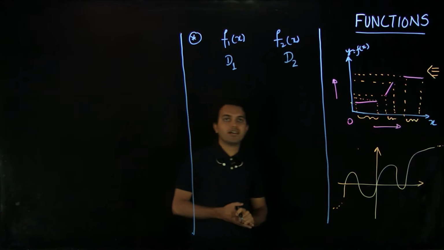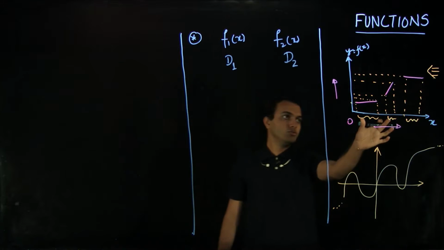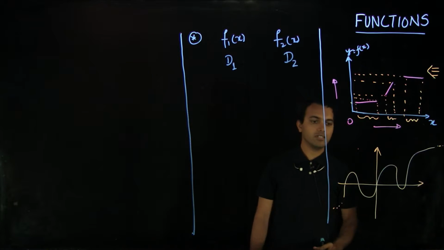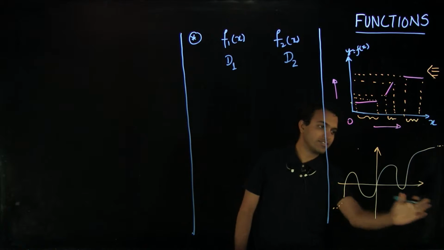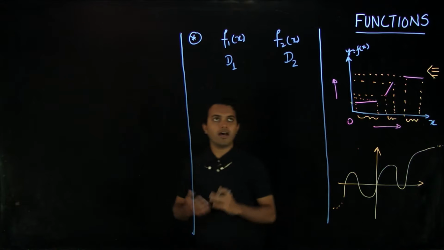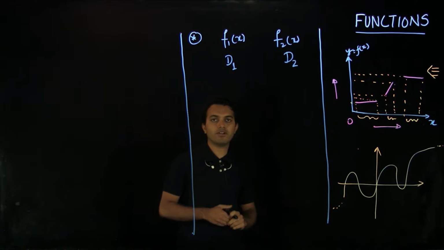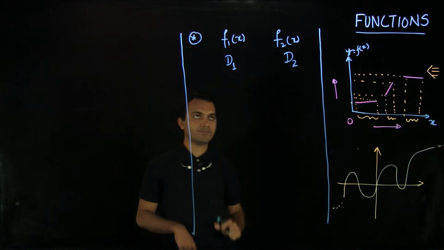Remember, domains are sets. Like a union of these three intervals is a set. So that's the domain of this function. Presumably the whole real axis might be the domain of this function. And now we are given that there are two functions which we don't know, but they are just labeled as f1 of x and f2 of x, and their domains are D1 and D2.